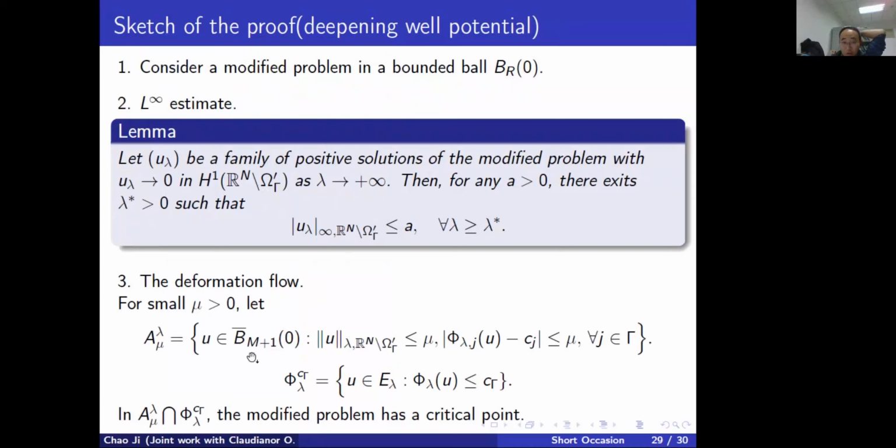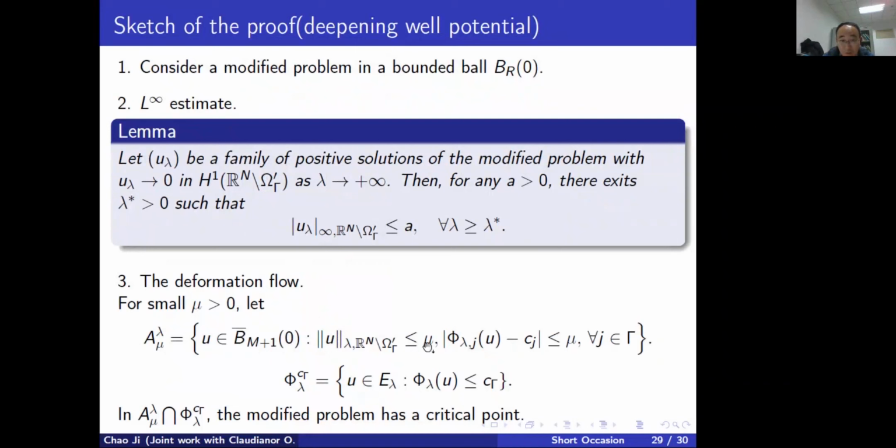So we look for the solution on this special set. This assumption can assure, let's pay attention to this, if mu is small enough, u lambda is equal to 0 in this norm, in this space.